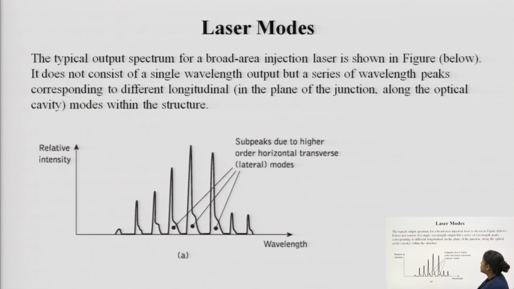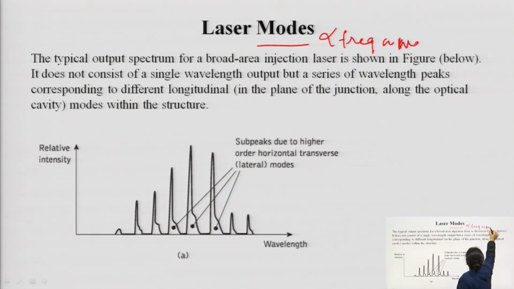It does not consist of a single wavelength, because we know that modes are related to wavelength and frequency. So, if there exist different modes, that means it does not consist of a single wavelength output.